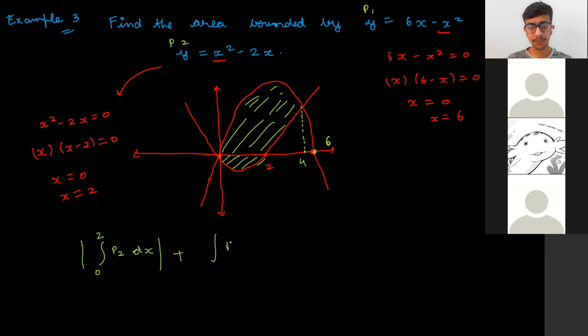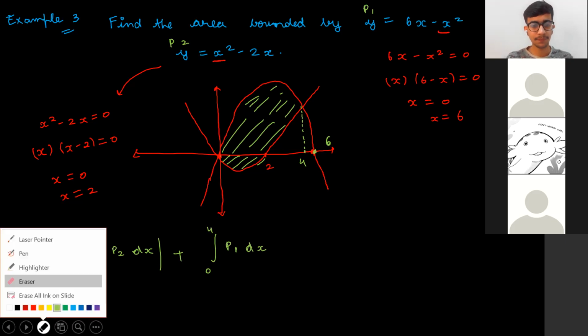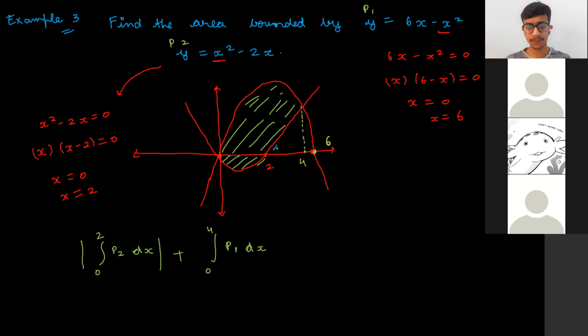So integration parabola 1 0 to 4 dx plus, now from the whole area I have to subtract parabola 1's area from 2 to 4, basically this area, right? So this will be minus integration 2 to 4 parabola 2's area dx. Yes, this is the equation for calculating the area.